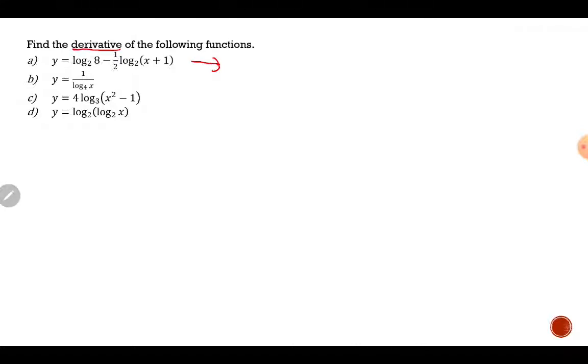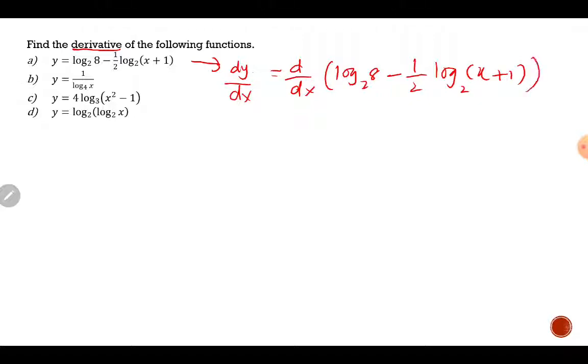Okay, so we are to find dy dx ni sama dengan as if that kita find the derivative of log 8 base 2 minus with half log x tambah 1 base 2. Okay, nampak tak kat sini? Log 8 base 2 ni is a constant. Macam you differentiate nombor biasa, log 8 base 2 ni sebenarnya jawapan dia 3 if I'm not mistaken.